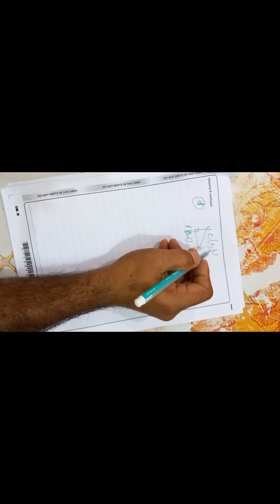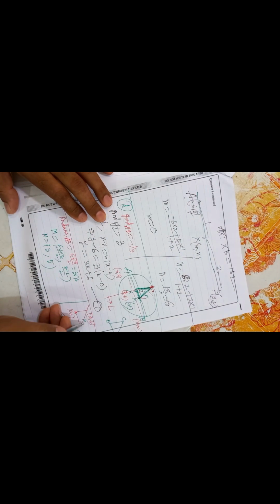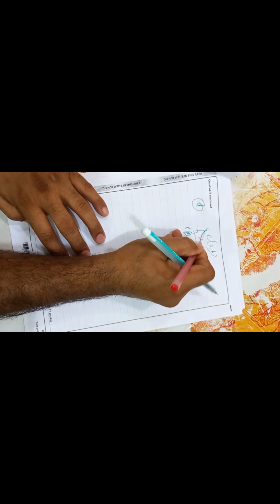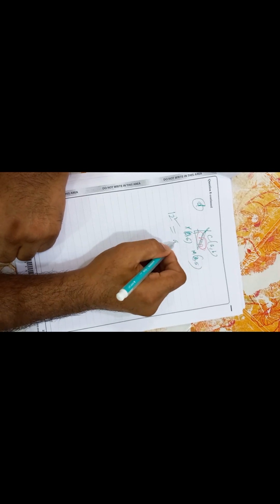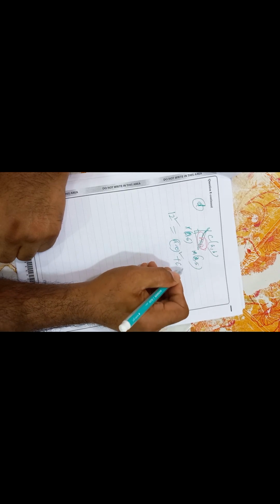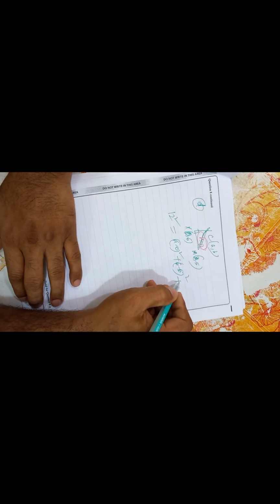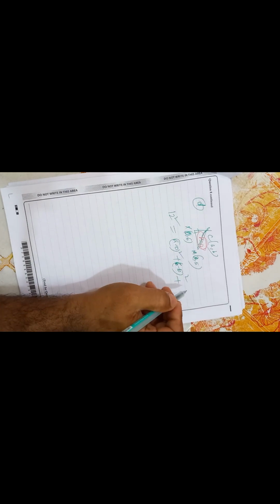Another one, if I use Pythagoras theorem for this, then this is the radius. This CM is the radius r. So use Pythagoras theorem: r squared equals (a minus 0) whole squared plus (6 minus b) whole squared.